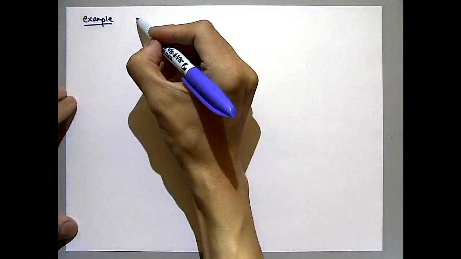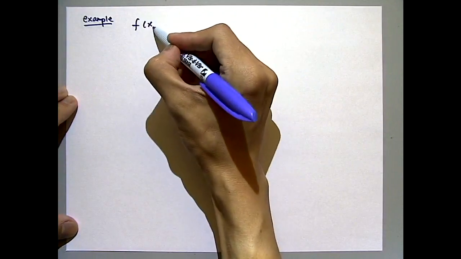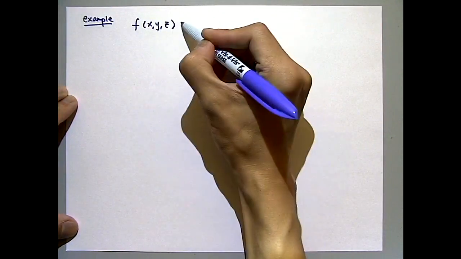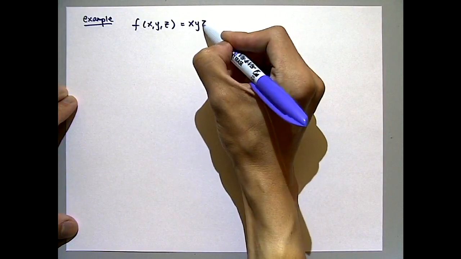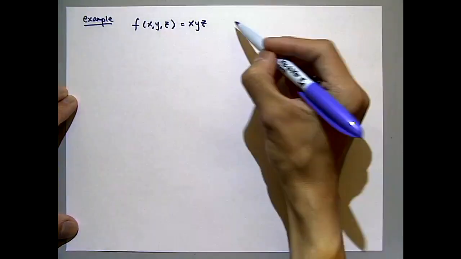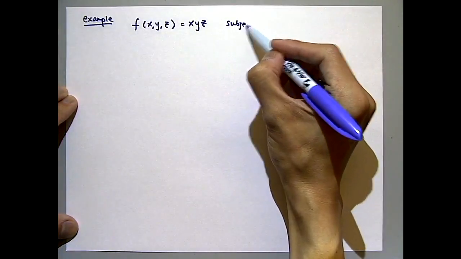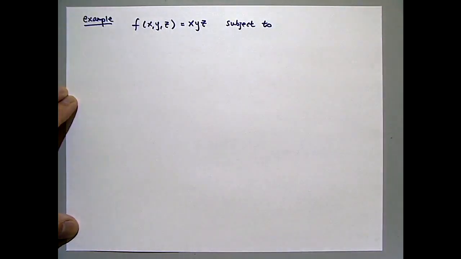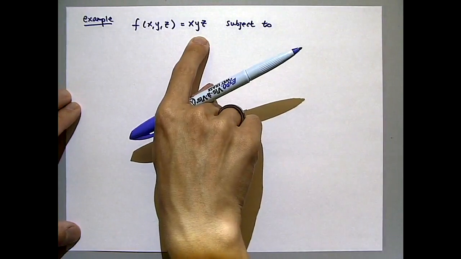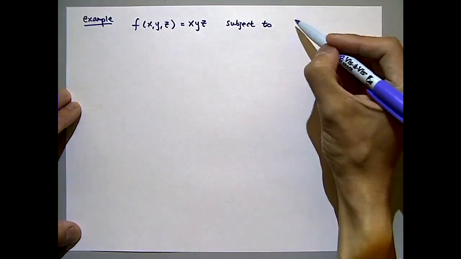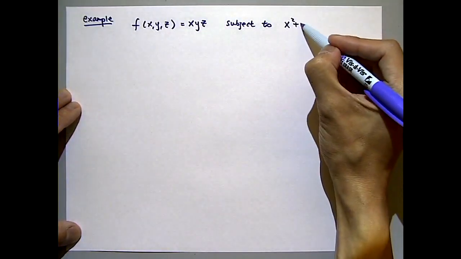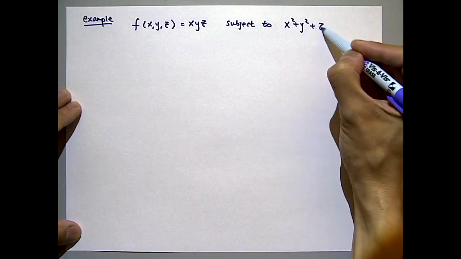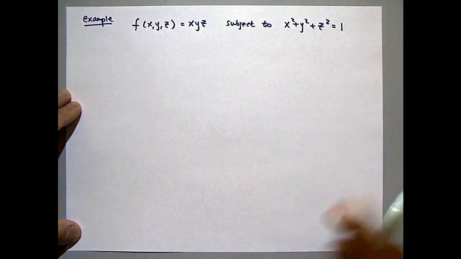The same method applies no matter how many variables you get. Let's look at a 3-variable function. So let's find the maximum and the minimum of xyz, subject to the constraint that x squared plus y squared plus z squared is equal to 1.